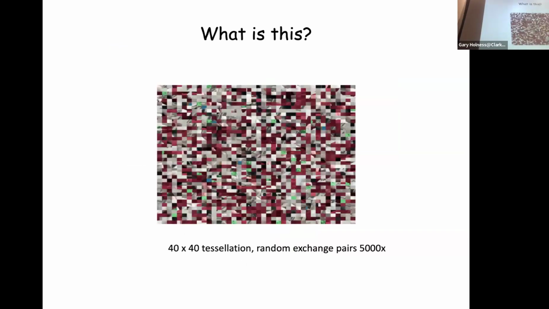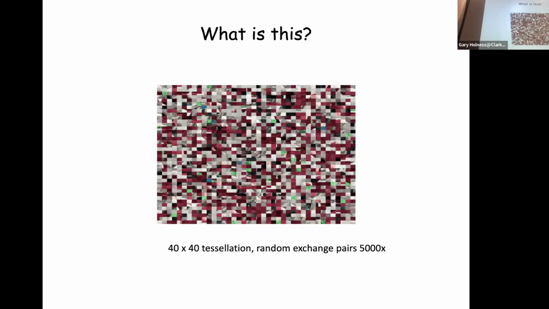I'm going to give you an example of this. I took a picture and tessellated it into 40 by 40 cells, and then I randomly exchanged pairs of cells 5,000 times. So I'm going to ask you an unfair question. What's in this picture? Anyone?